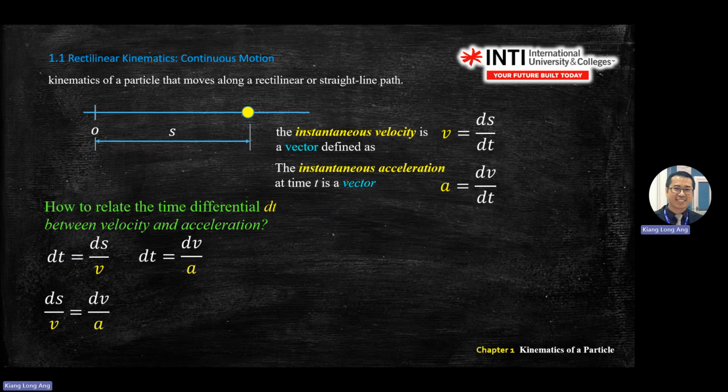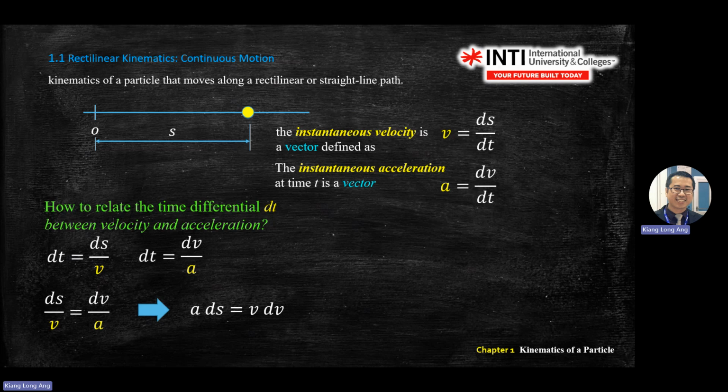But throughout the module, we don't like this fractional form. We like linear form, meaning a straight line kind of presentation. So you move your a to the left and your v to the right. Then you get a linear form as on the screen: a ds = v dv.